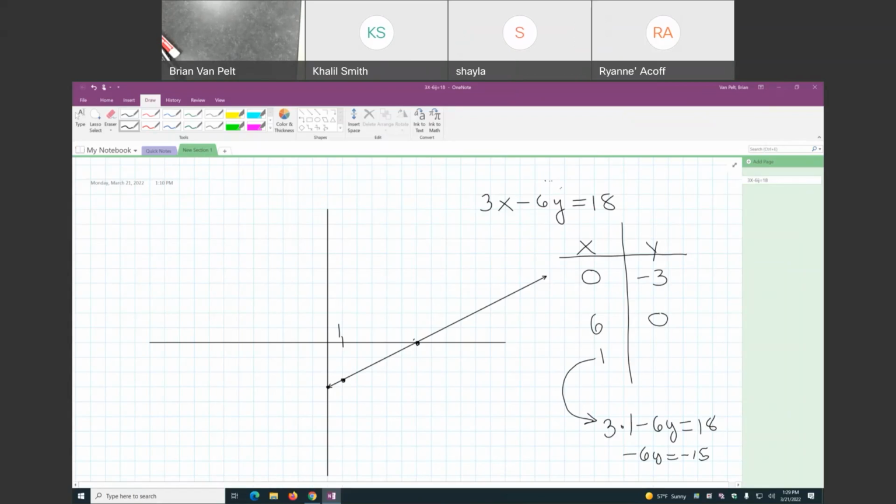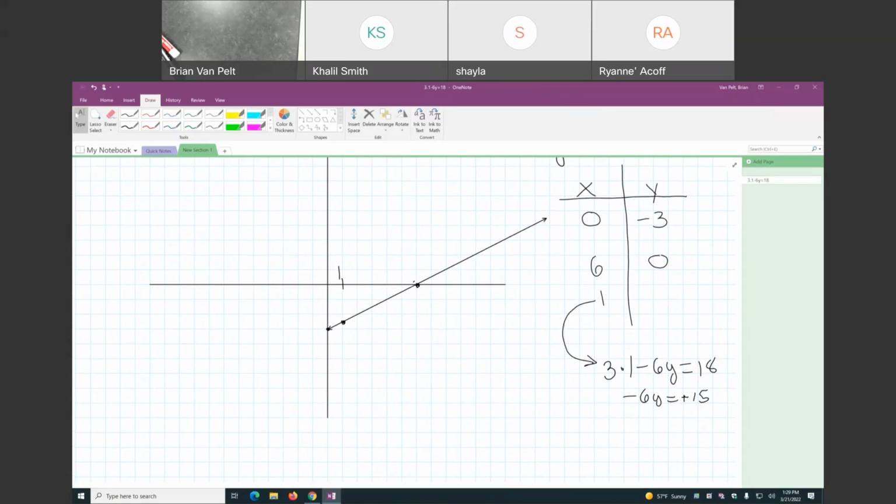Subtract the 3. If I divide by -6, y will equal -15 over 6, which is the same as -2.5.